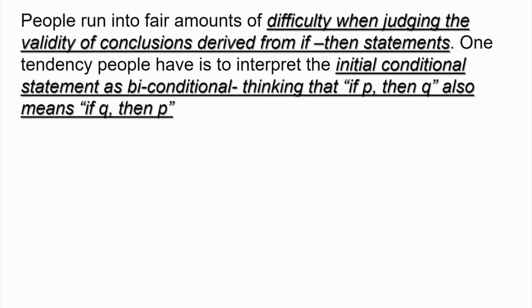It is a forward directional statement. It says that if P then Q, it never says that if Q then P. And so people tend to make errors because they judge it in a backward sense, saying that if Q then P.